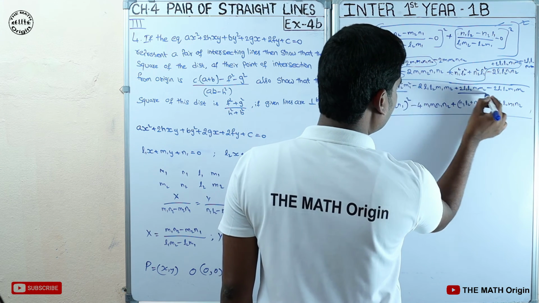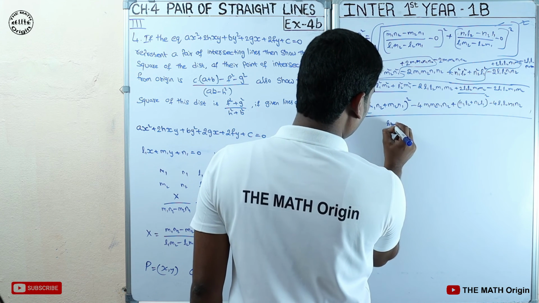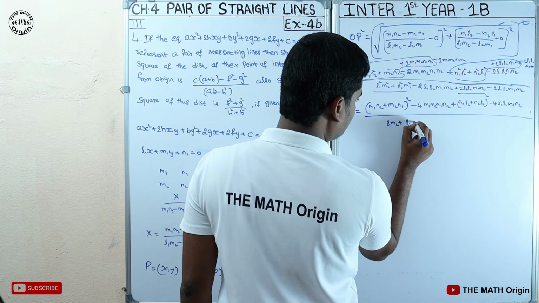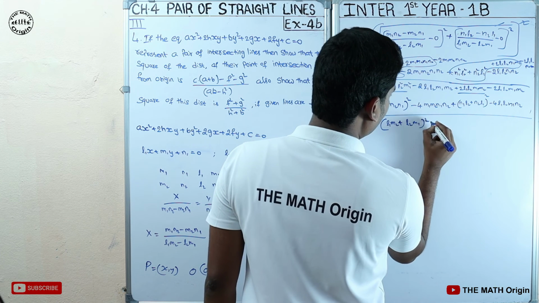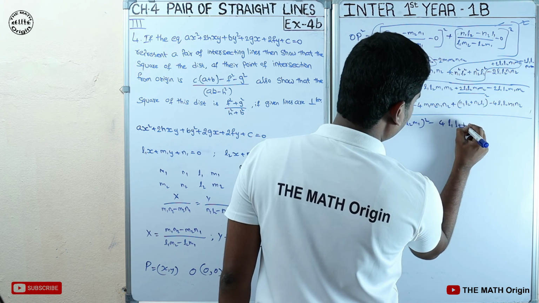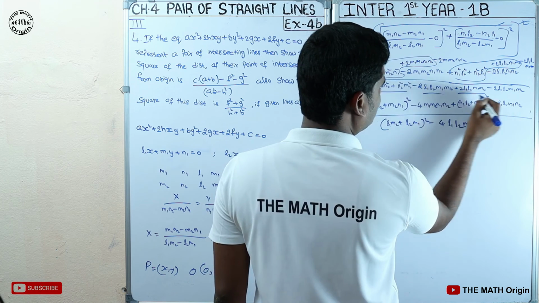So from these two I will make it as l1 m2 plus l2 m1 whole square minus 4 l1 l2 m1 m2.